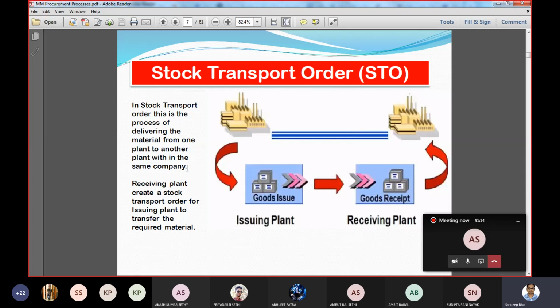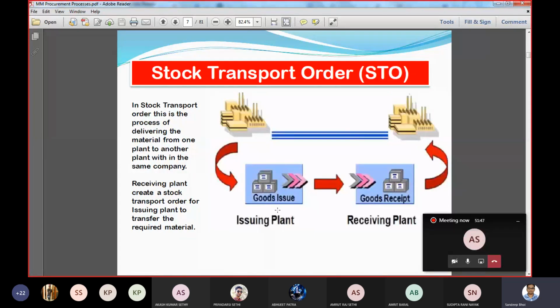Within a particular company there are various plants, and whatever stocks are transported from one plant to another plant is called a stock transport order.